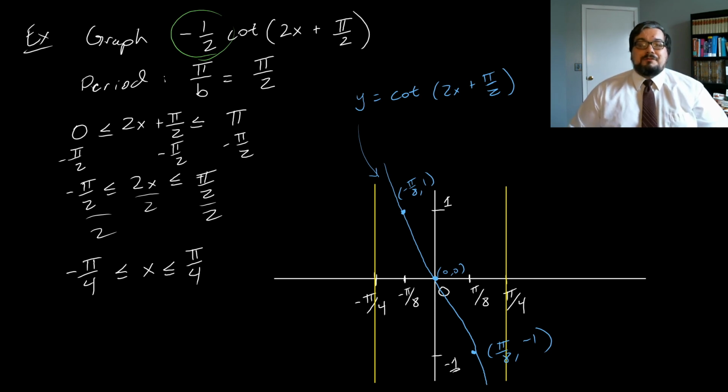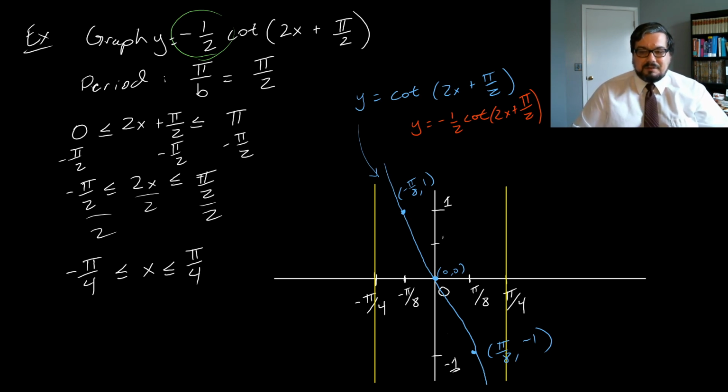And now to graph the function itself that we were looking at, y equals -1/2 cotangent of 2x plus pi over 2, we're going to take all the y values of the points that we've mentioned and multiply them by -1/2. So we're going to keep the x values the same on each of them, just multiply the y value by -1/2.